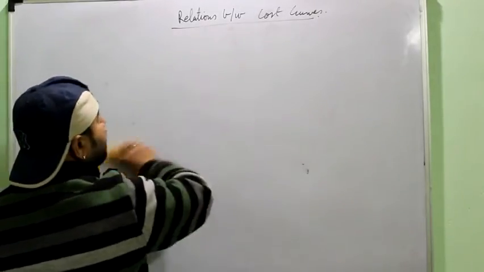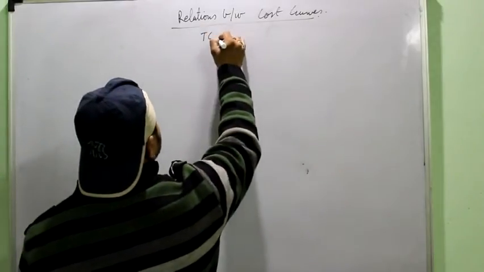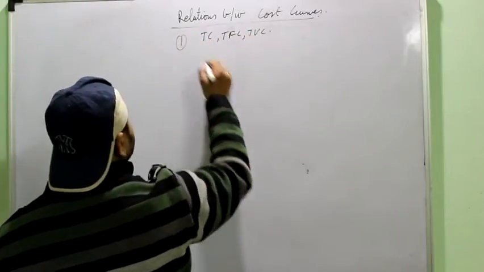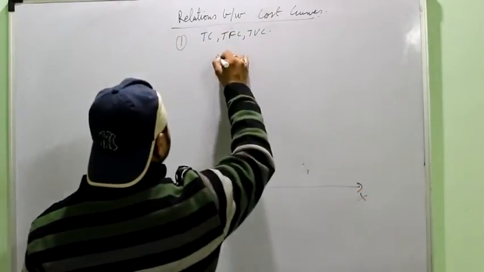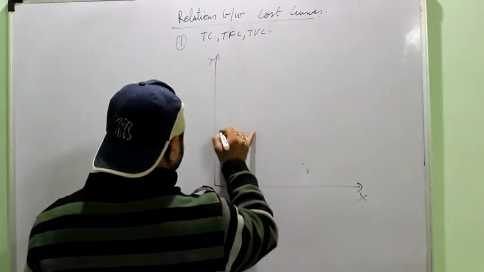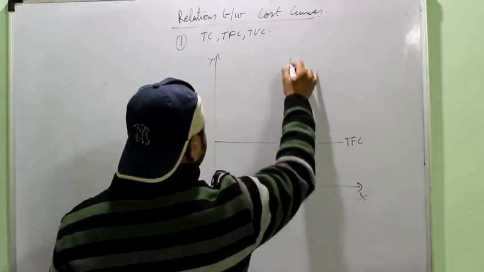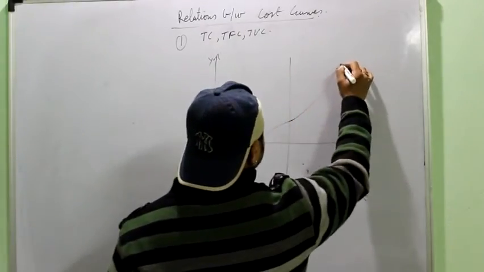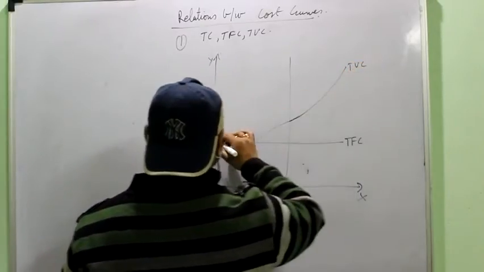First we will study the relation between TC, TFC and TVC. As we have already drawn these curves on a single diagram, this is the TFC. For TVC, I told you, you can divide it into 2 parts, which makes it easy for you to make the diagram.